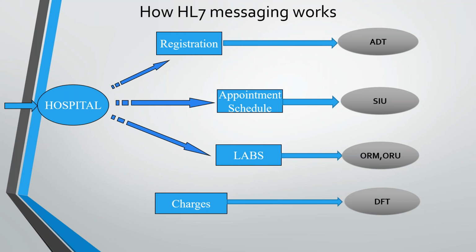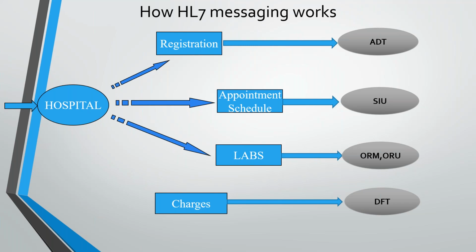ORM is nothing but observation request message, which means it is an order message. Basically, they are going to raise a request to get some observations done, for example, CBC or urine culture or blood culture or something of that sort. These are the things that we will be seeing from a lab perspective.